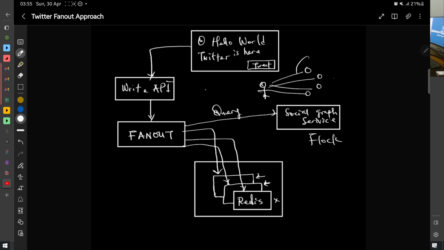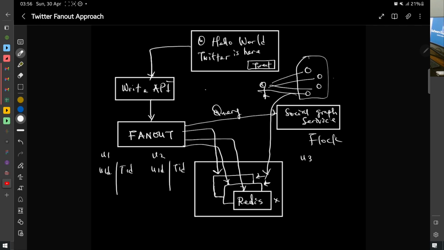Now, having gotten this information, since all of this user has a native list on this Redis cluster, all of these users would have something of this nature, say UID and tweet ID. Let's say that's for user 1, user 2. User 2 is also going to have its own list, UID, tweet ID.